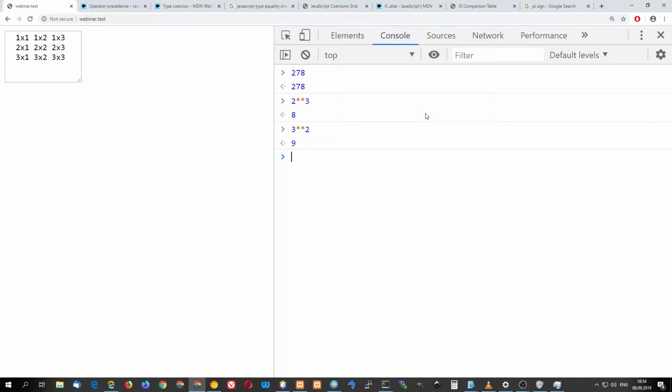So 278 means 2 times 10 to the power of 2 plus 7 times 10 to the power of 1 plus 8 times 10 to the power of 0. Anything to the power of 0 is always 1. It's basic math.